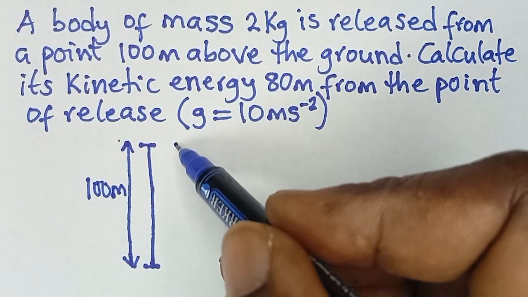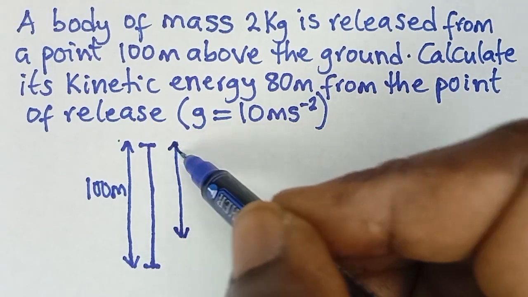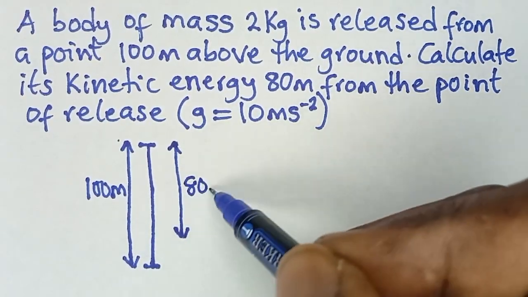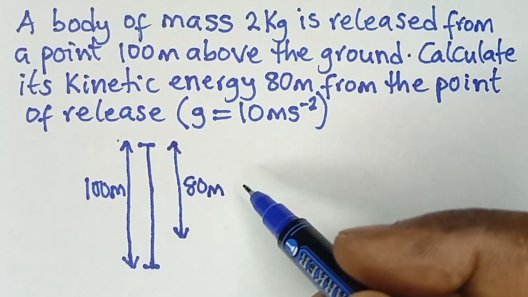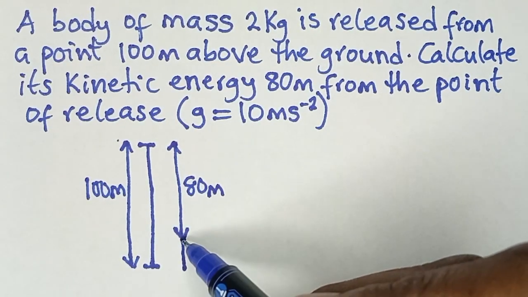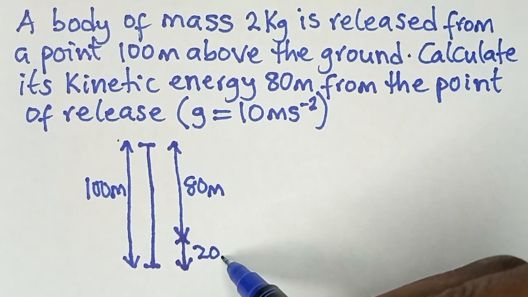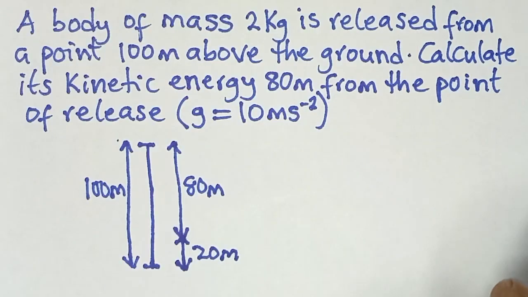And we are told that when it has fallen down up to the point of 80 meter, what is its kinetic energy? That means it needs how many more meter to get to the ground? It needs 20 more meter to get to the ground.